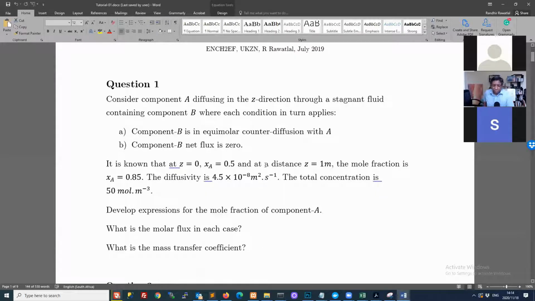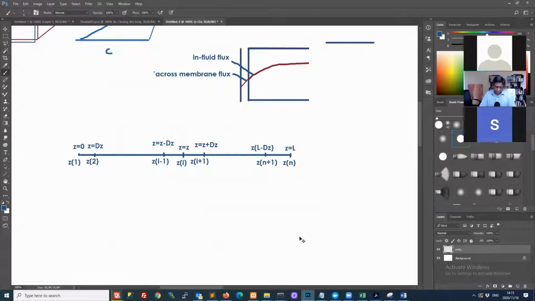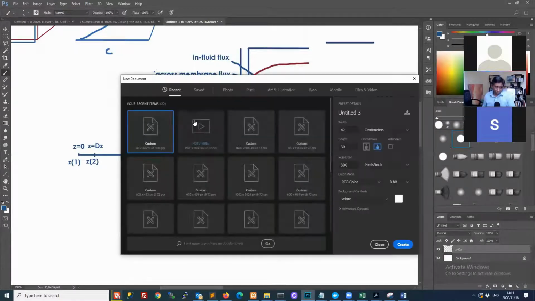So let's just read it first. It's saying here that we have a component diffusing in the Z direction in a stagnant fluid. And in fact, even in that one sentence, there are a number of things to infer. So let's start sketching this out first and trying to keep track of all the information that will come.